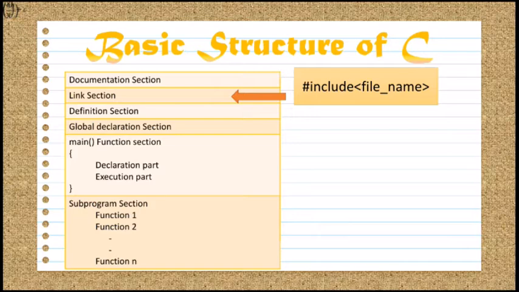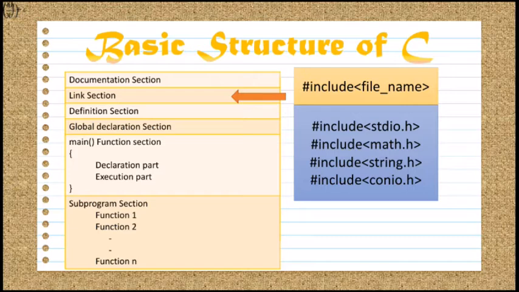For example, #include <stdio.h>. The next file is #include <math.h>, #include <string.h>, #include <conio.h>. So these are the commonly used header files in C program.